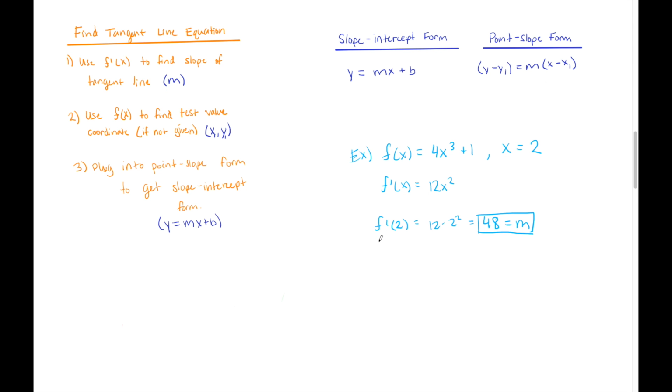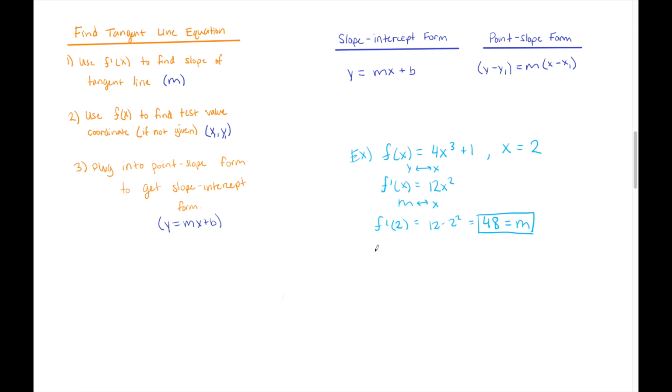Second, we need to now find a coordinate x1, y1 that we could plug in here to later simplify. So we're going to use our original function for that, because remember, we can't plug it into the derivative, because the derivative relates m to x, whereas the original function relates y to x, and that's a common misconception that people have.